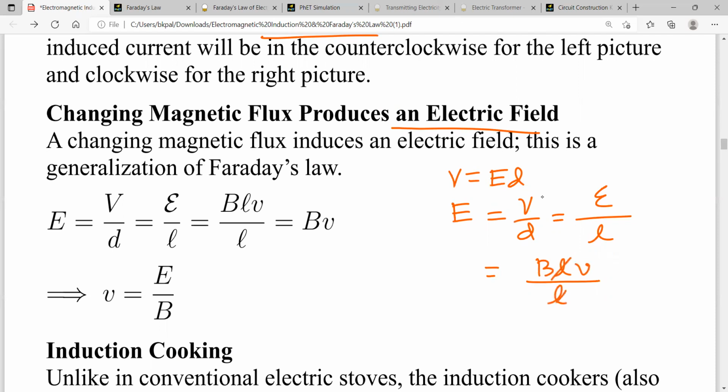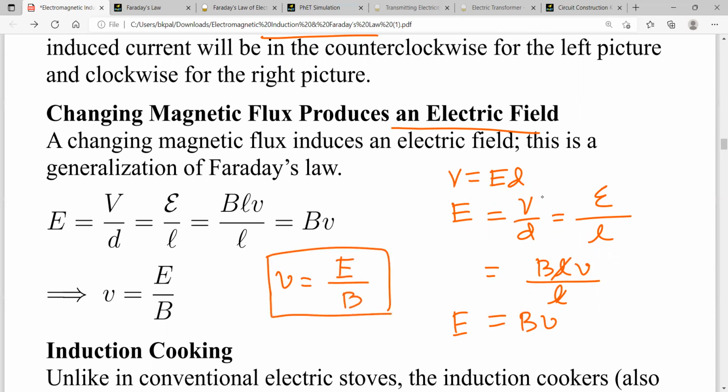So L cancels out, and you see that the electric field is equal to the magnetic field times the velocity. So if you solve it for v, you see that v is the ratio of electric field and magnetic field.